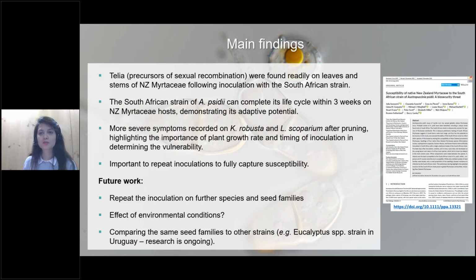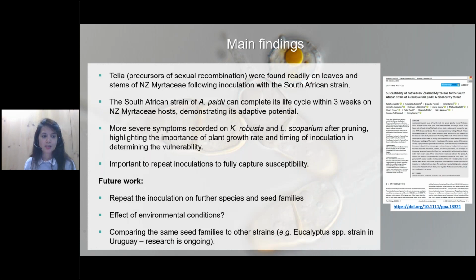More severe symptoms were recorded on 2 species, Kunzea robusta and Leptospermum scoparium, after we pruned them, and this highlights the importance of plant growth rate and timing of inoculation in determining the vulnerability of the species. And it was important to repeat the inoculations to fully capture the susceptibility.